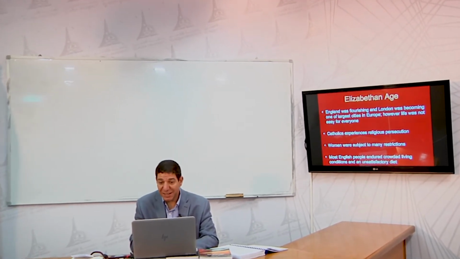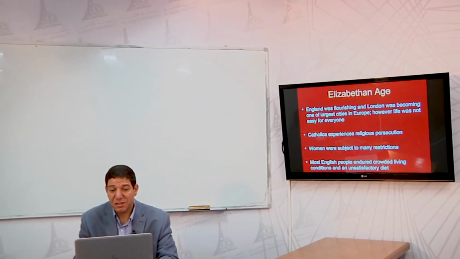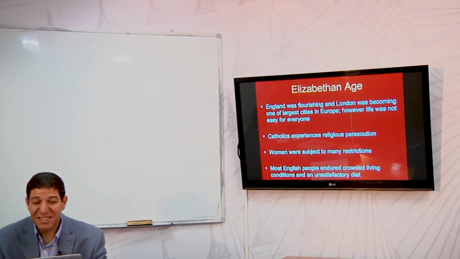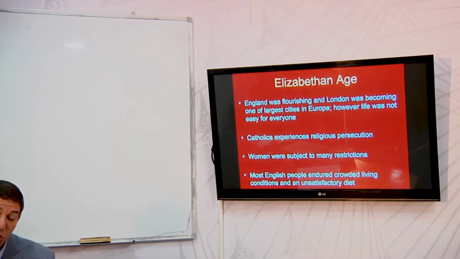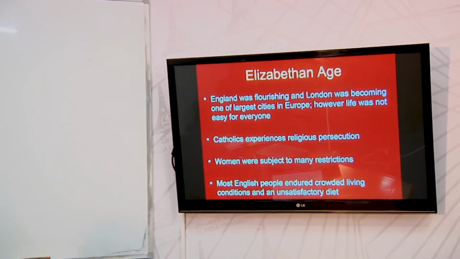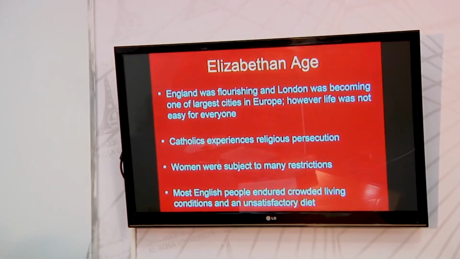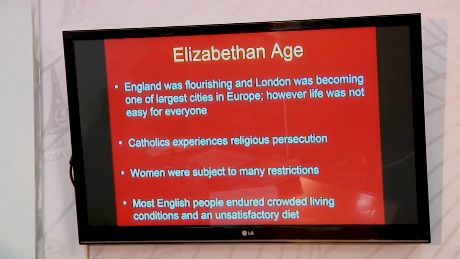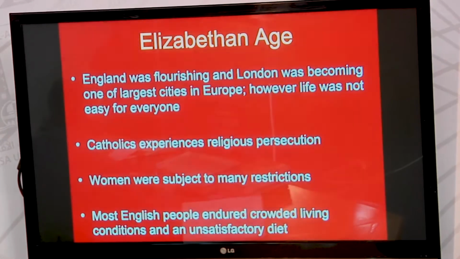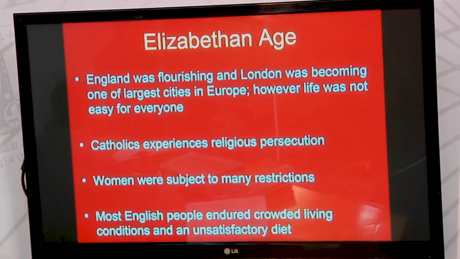England was flourishing and London was becoming one of the largest cities in Europe. However, life was not easy for everyone. It is also important to note that life is easy only for people who succeed.